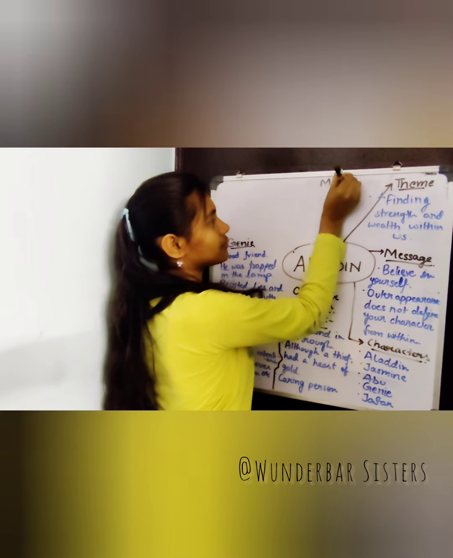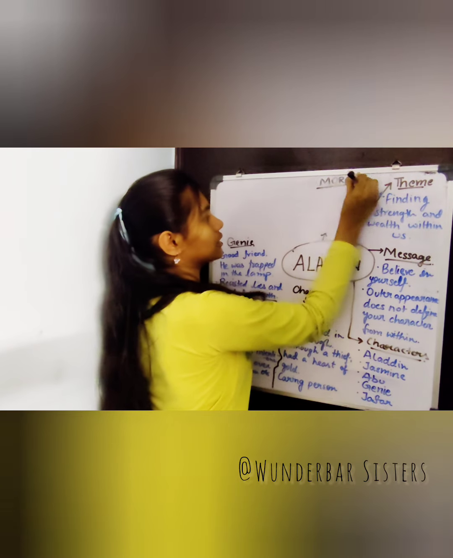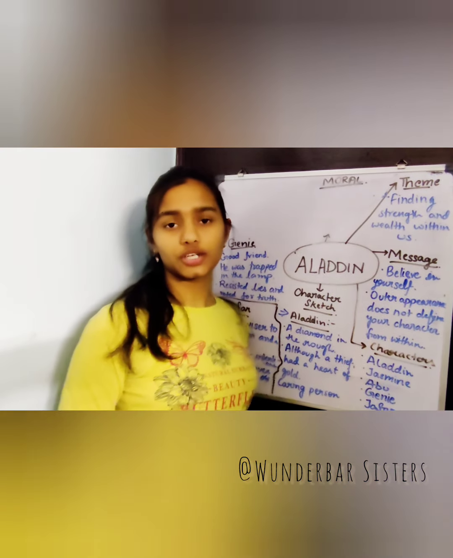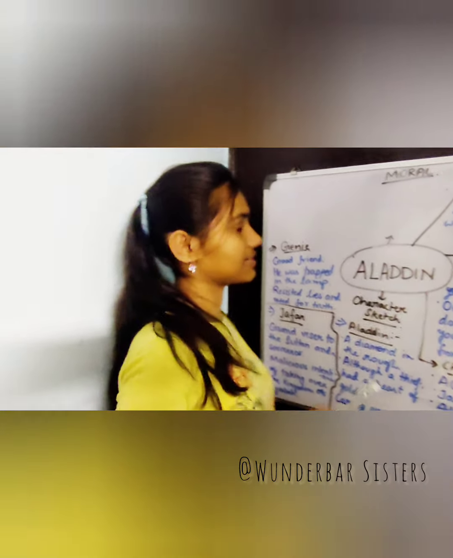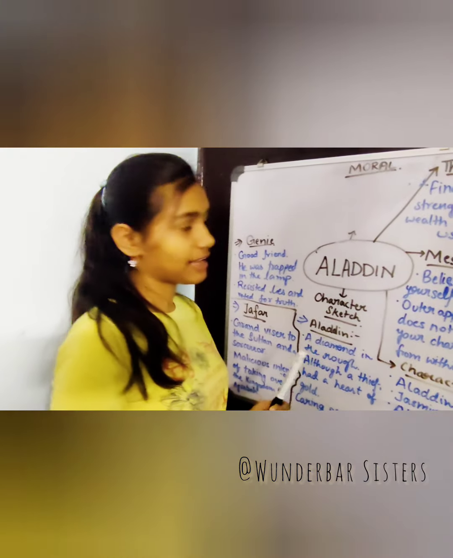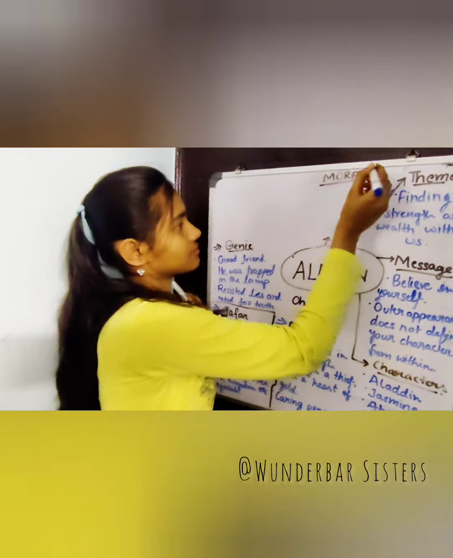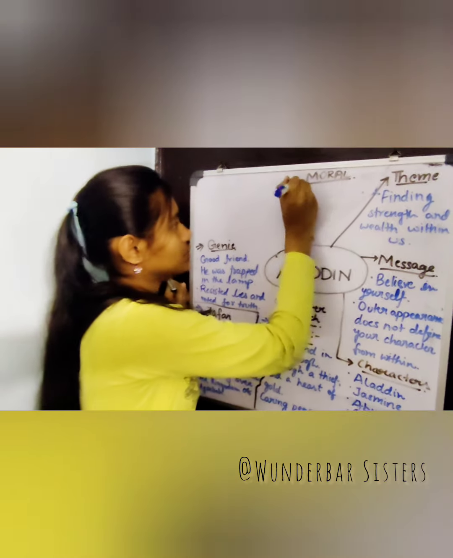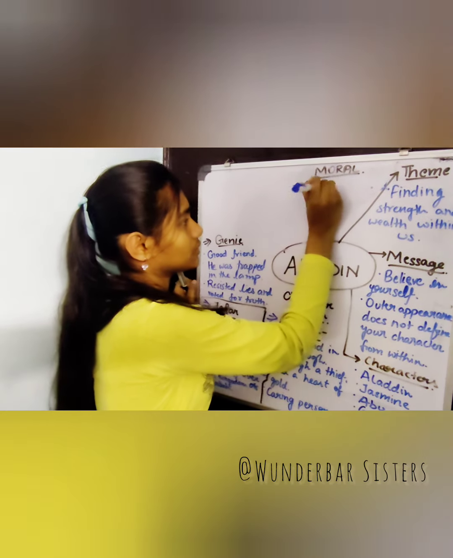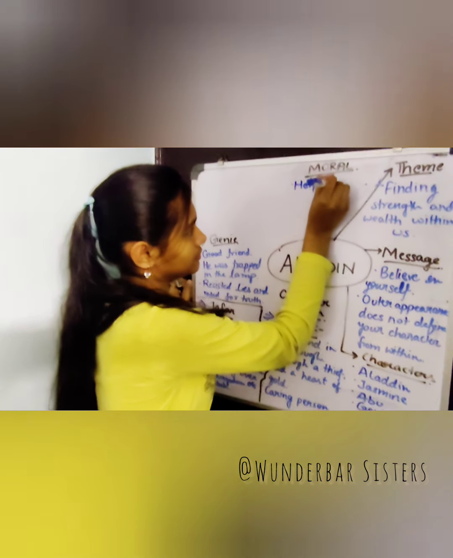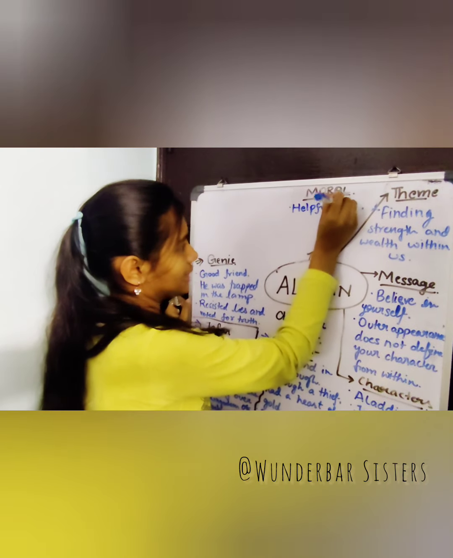Moral is basically the moral values or the good qualities that we should include in our life, in ourselves as human beings. So the moral values that we can learn from the story is to be helpful, then kindness.